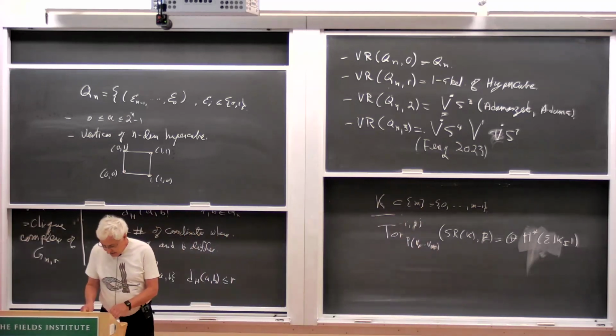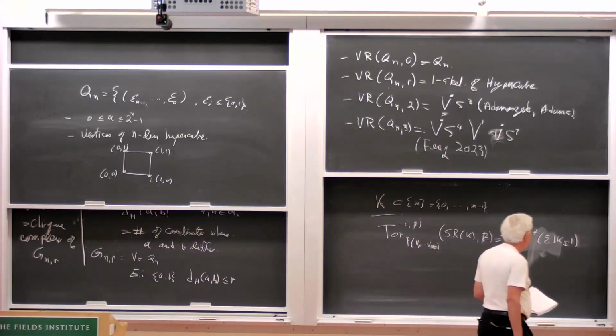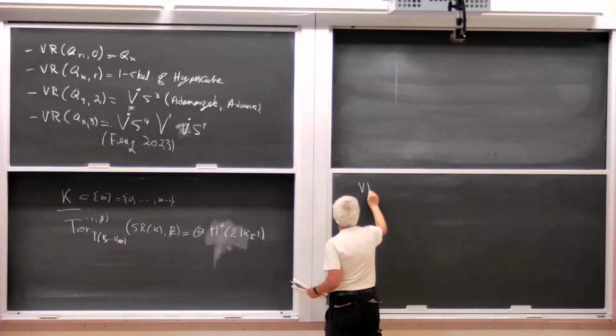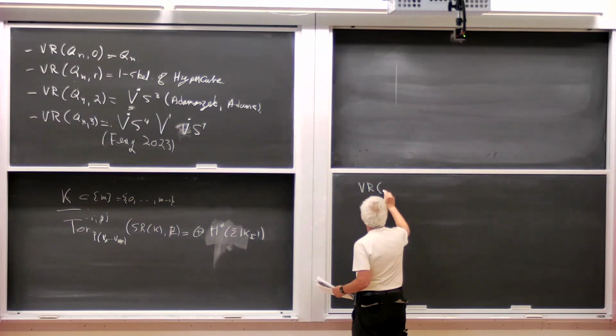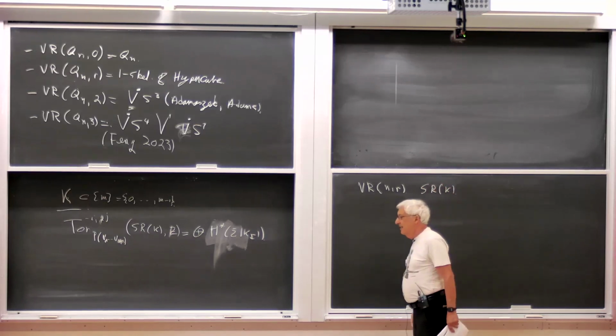So now I'm going to return to the case of the Vietoris-Rips complex VR_n(r). The Stanley-Reisner ring of this thing is easy to describe.